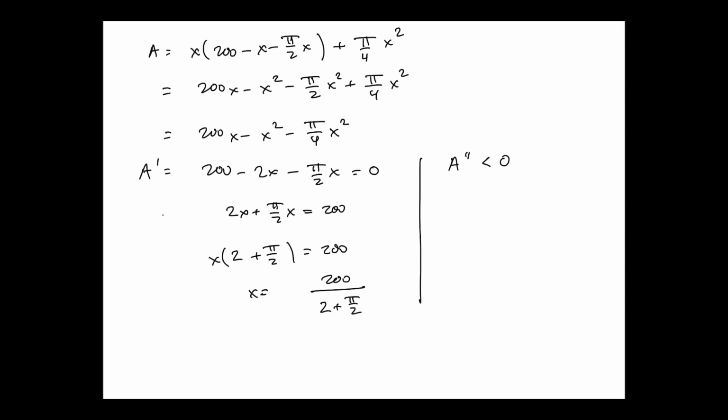It's clearly negative because the derivative of 200 is 0, and the derivative of these two linear terms gives the coefficients, which are both negative. If the second derivative is negative, it means our function's concave down, and at the point in question, that means we've gone through a maximum.